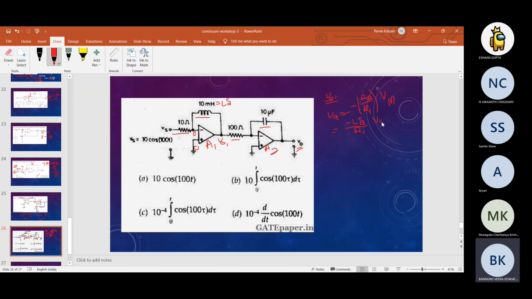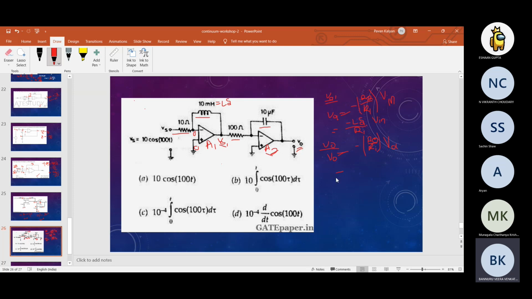And if we write for V out, that is for operational amplifier 2, we will be getting V out is equal to minus of, again the same, R output upon R input times V. Here the input voltage is V out 1.